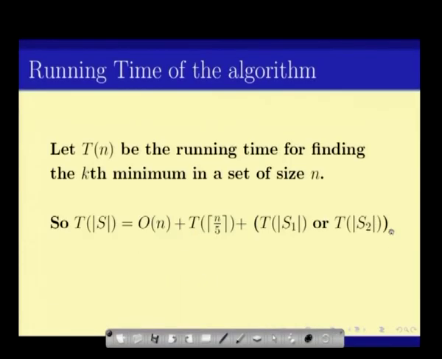So, our recursion, which was this, becomes T of n is less than order n plus T of n over 5 plus T of 7n over 10. One can see that this can be solved by induction.